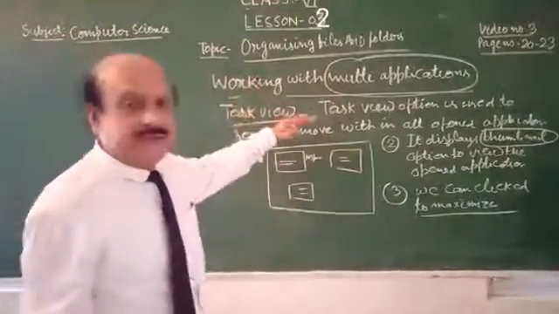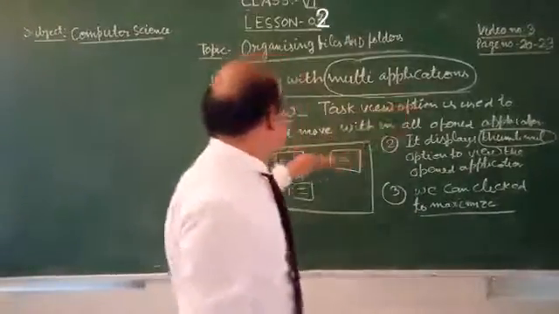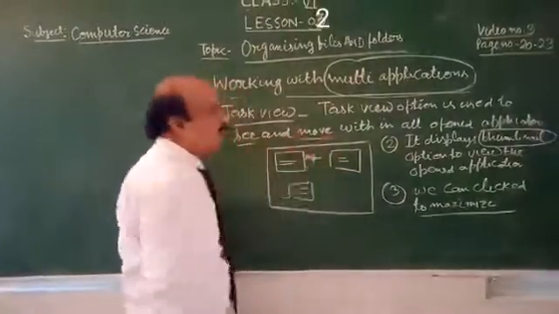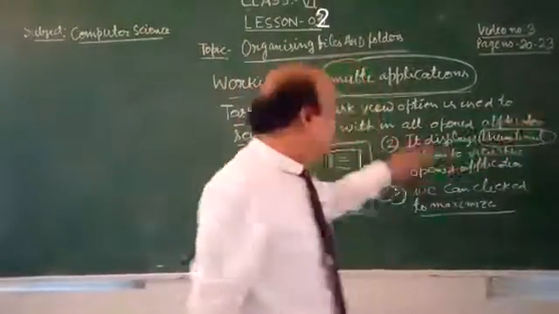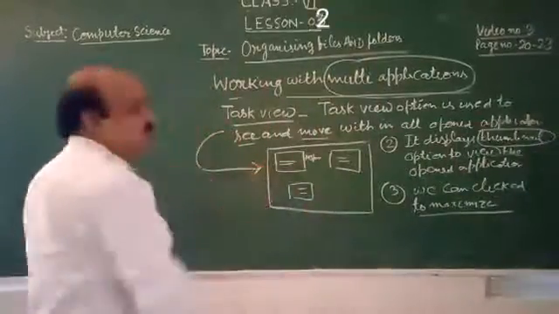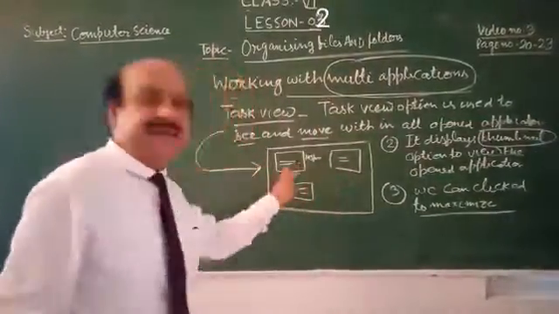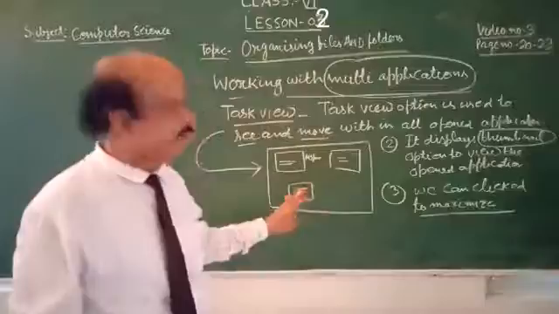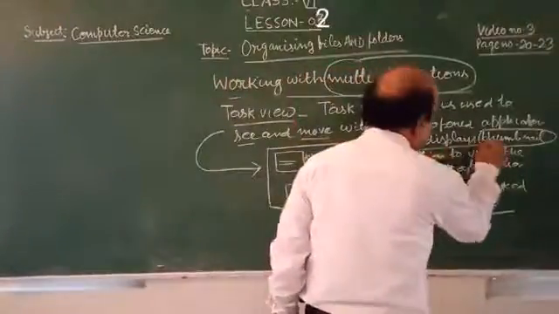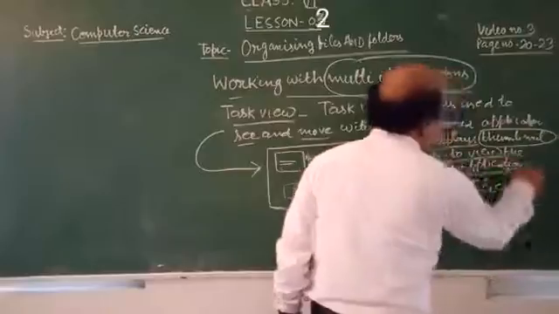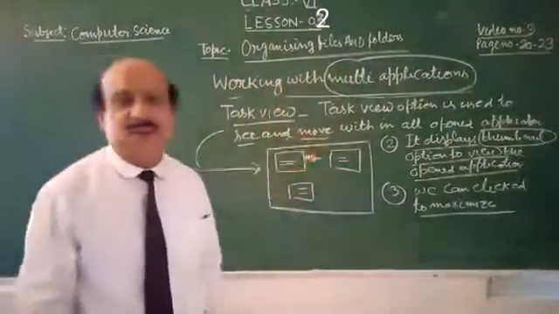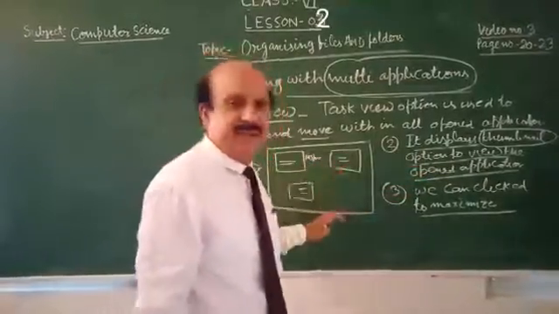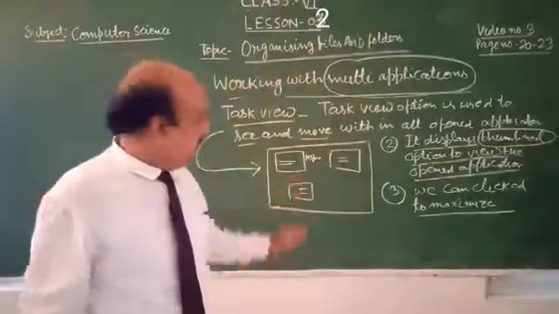See here, the task view option is used to see and move within all open applications. The user has opened three application programs, and at the same time he can see and move anywhere. Second, it displays a thumbnail option to view the opened applications, with the name of each application.